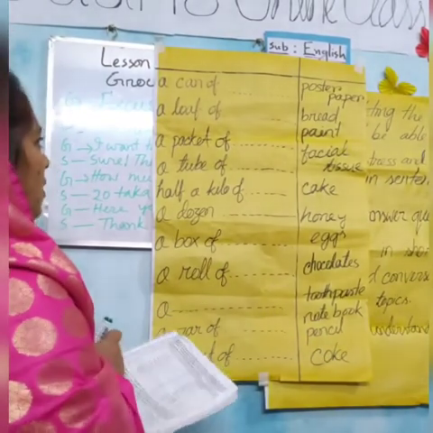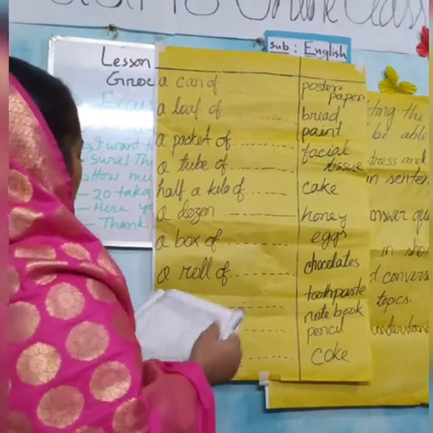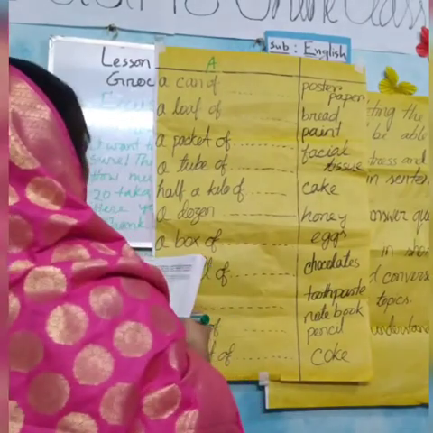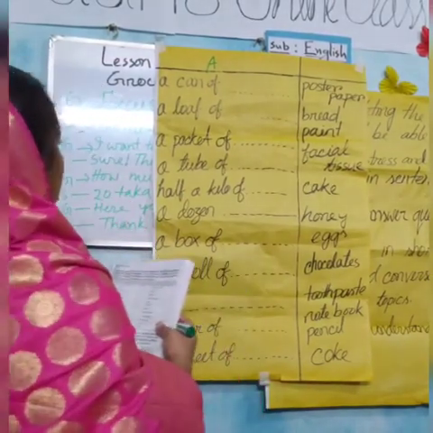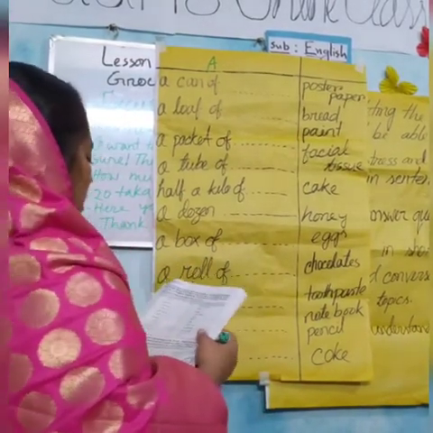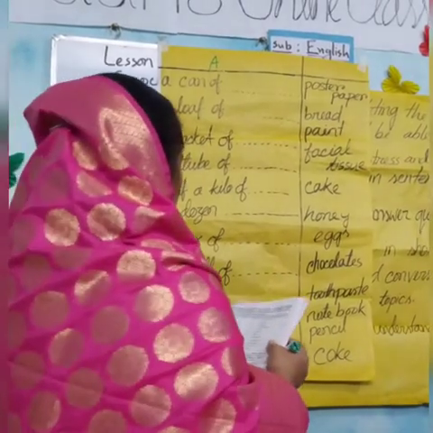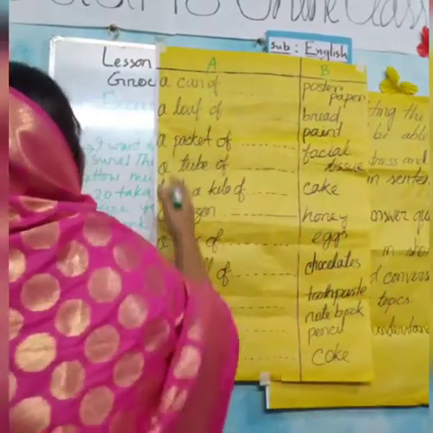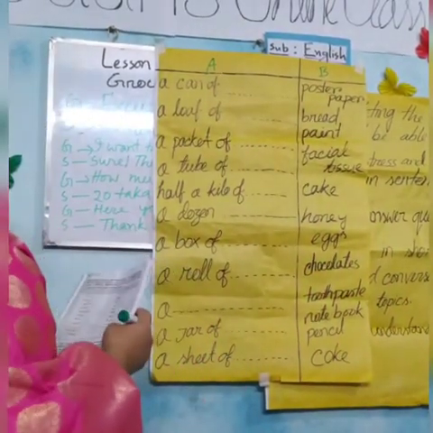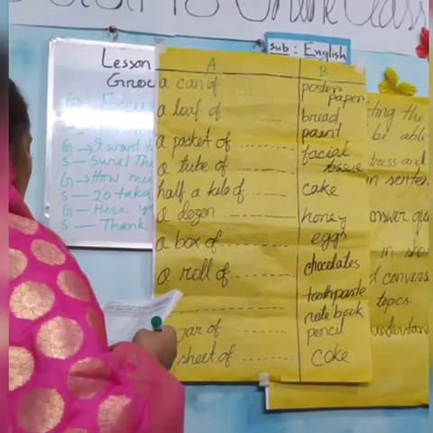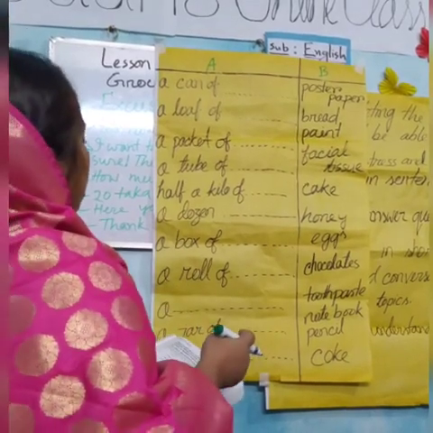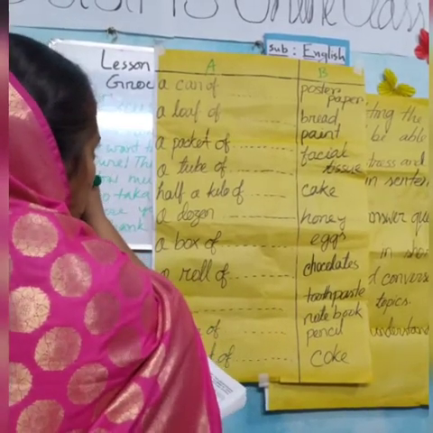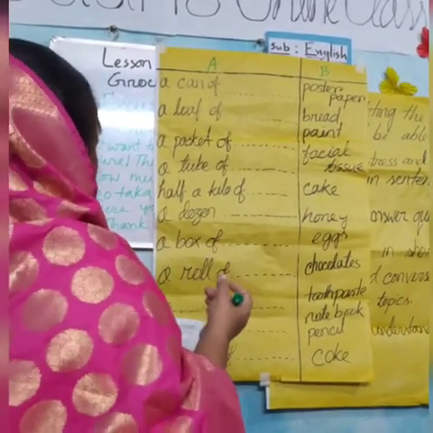So, in column A we can see the phrases, and in column B we can see the items. One phrase can be used with more than one item.